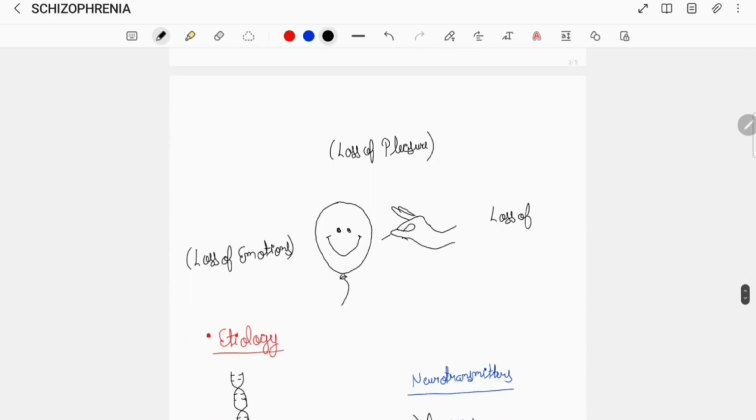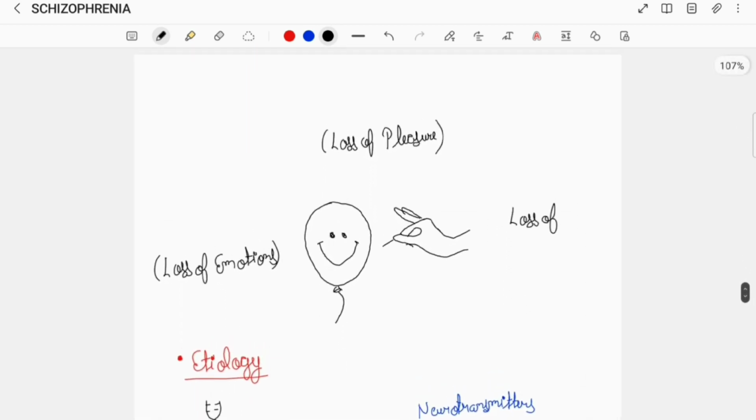Apart from that, there can be some negative symptoms, which include anhedonia, which is defined as loss of pleasure. Also, there can be apathy, that is loss of emotions, and there can also be loss of motivation.